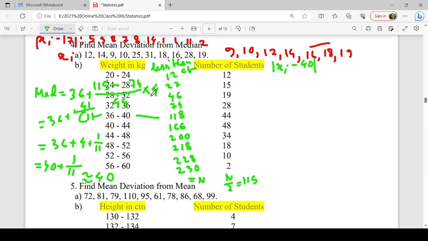So xi are this. Because it is group data, we need to find xi. So xi column is mid value of this, so it is 22. 20 plus 24 divided by 2, it is 22. Then 26.